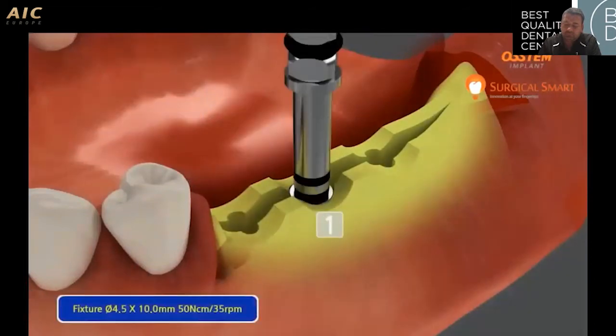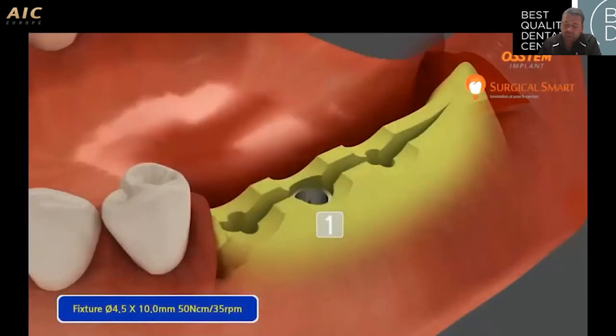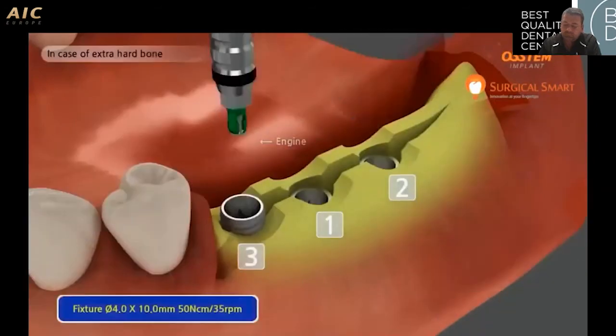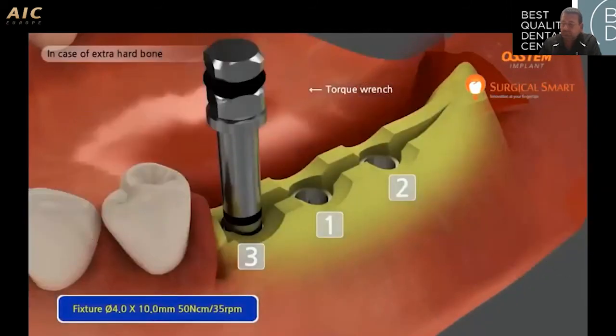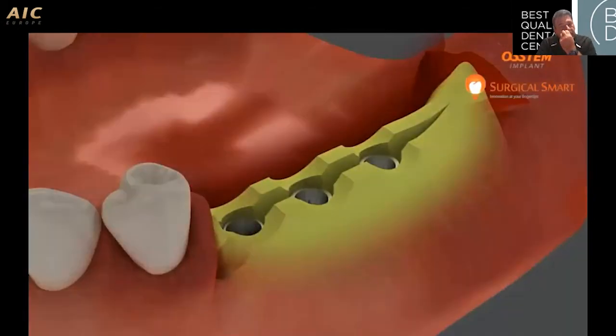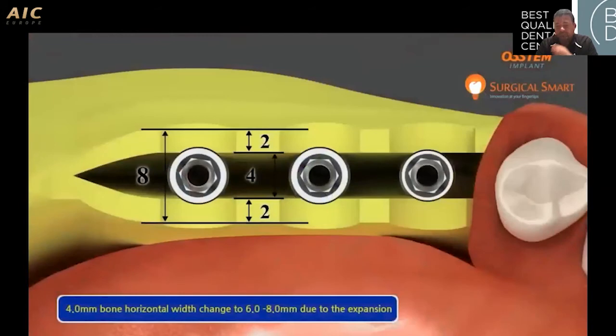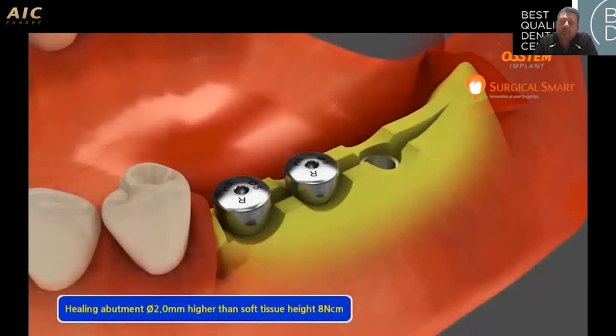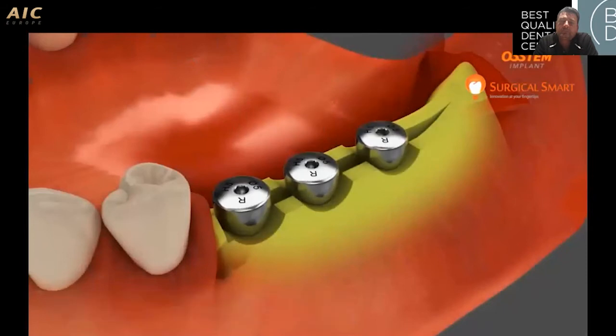Finally, use the torque wrench to push in your implant first mesial and then to the sides in countersink. Insert a healing abutment 2 mm higher than the soft tissue height on each of the fixtures. Suture and complete.